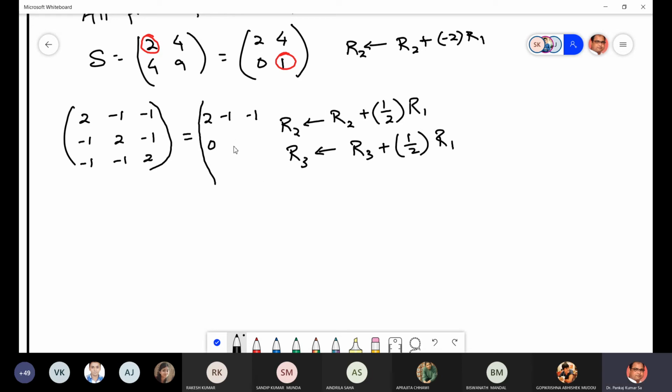The second element is 2 minus half, that is 3 by 2.